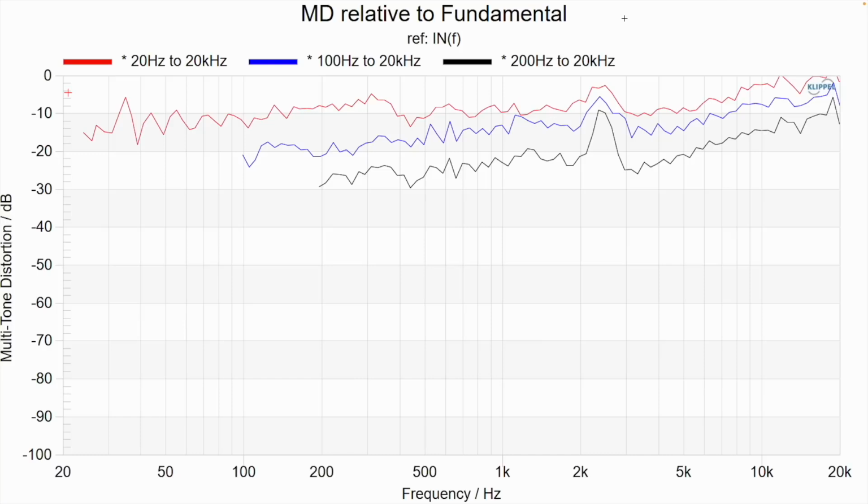Now let's compare the 96 dB output for each of the 3 multitone distortion tests. Again, those 3 are going to be full band, 20 hertz to 20 kilohertz in red, 100 hertz to 20 kilohertz in blue, and 200 hertz to 20 kilohertz in black. What you notice right off the top is in red, the full band has higher distortion throughout.